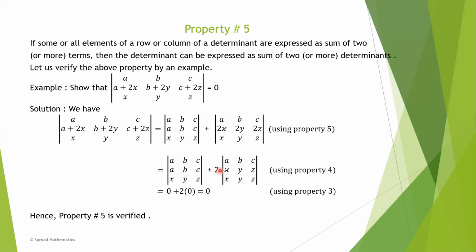So we took 2 common according to property number 4. And here you can say the second row and third row are identical. So the value of this determinant and this determinant is also 0. So we got 0 here. So property number 5 is verified.